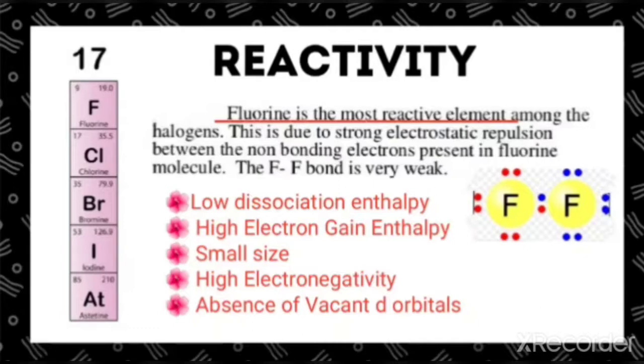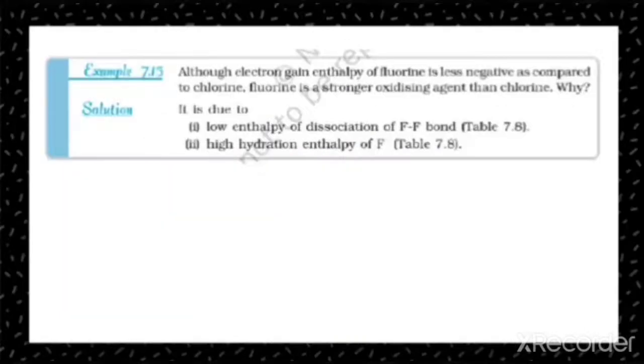Let us check some textbook questions. Example 7.15. The question is, although the electron gain enthalpy of fluorine is less negative as compared to chlorine, fluorine is a stronger oxidizing agent than chlorine. Why?